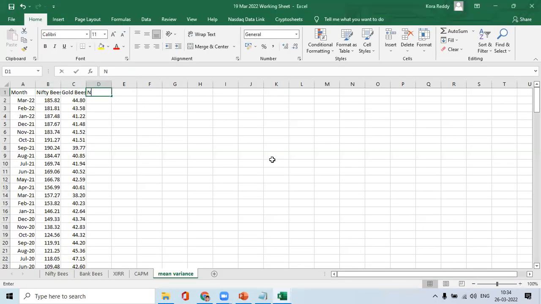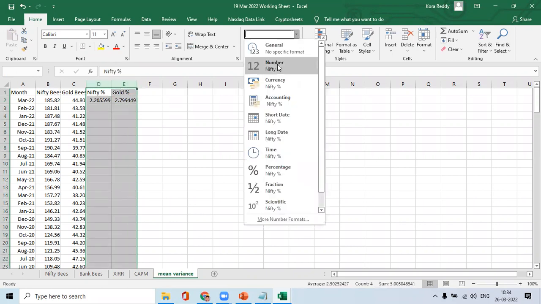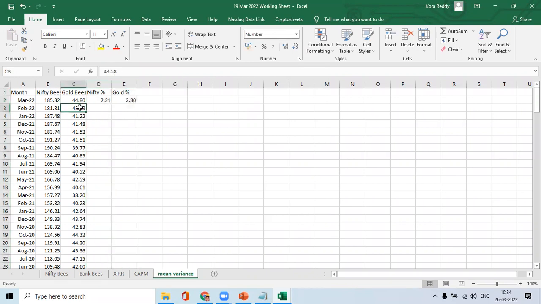So first I will calculate Nifty returns. This is simply this into this, and gold is the same. So gold is up 2.5%, and Nifty is up 2.2%. So we'll reduce to 2-digit precision.